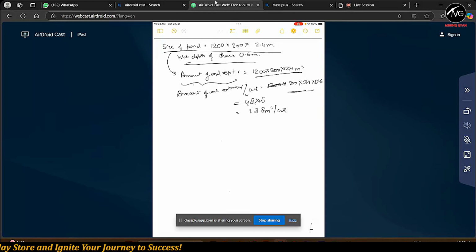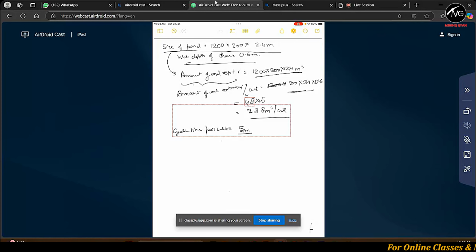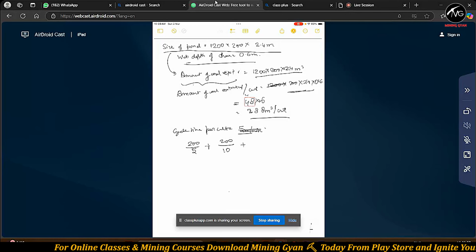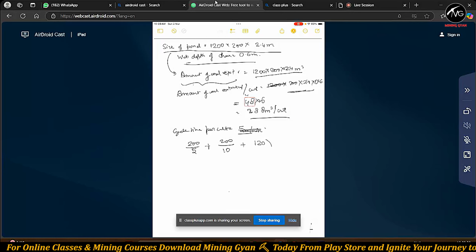Meter cube per cut, this much coal, okay. So cycle time per cut, the cutting speed is around 5 meter per minute for cutting, okay. So the cycle time per cut would be 200 by 5 for cutting time, 200 by 10 meter per minute for retreating, plus a delay of around 2 hours, that is 120 minutes.